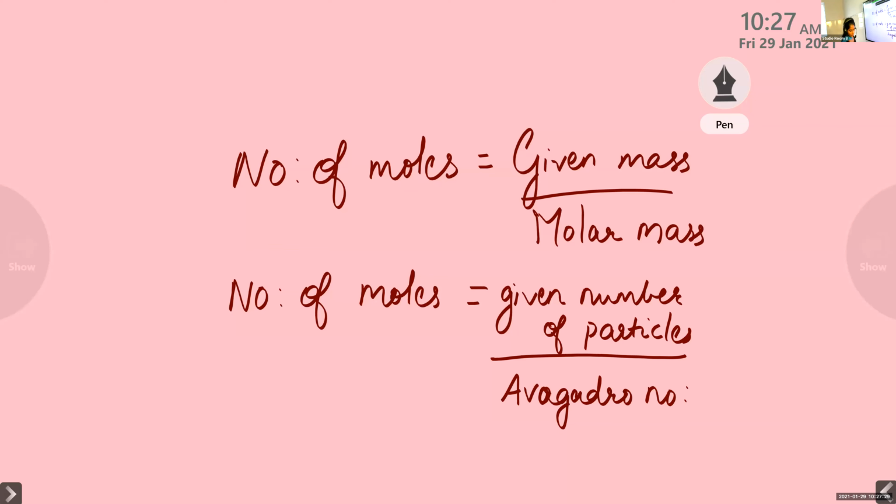Then one more equation. You have to find out the mass. You can also find out the given mass using the same equation, number of moles into molar mass. If the given mass is not given and the number of moles and molar mass is given, just multiply the number of moles into molar mass. Similarly in the case of given number of particles also, number of moles into Avogadro number.